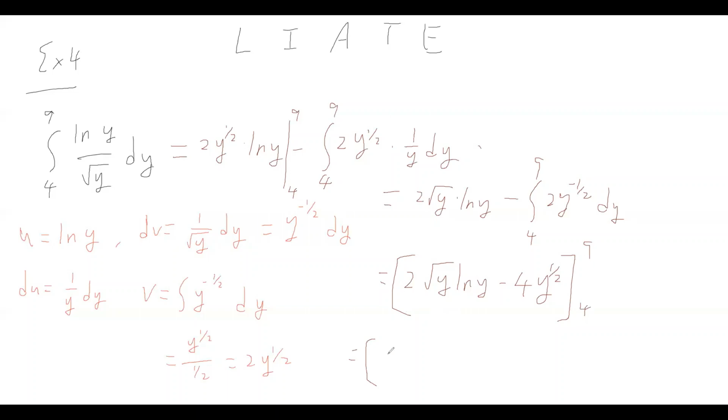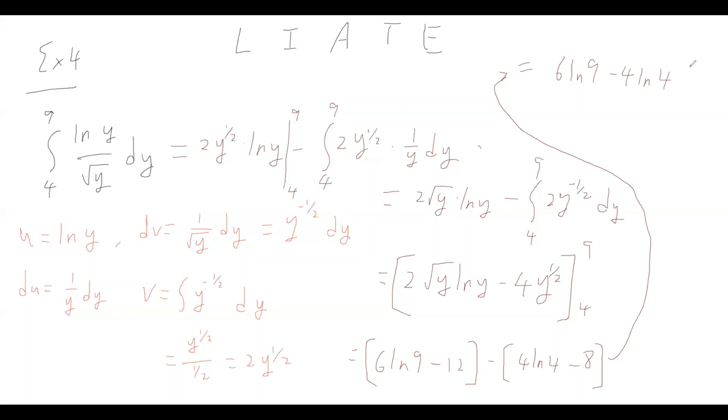So we have 9, put in here, 2 times 3 is 6 ln 9 minus 12 minus, that's 4 ln 4 minus 8. All right, so let's see what we have here. Going up, that's 6 ln 9 minus 4 ln 4 minus 4, right? And that's it.